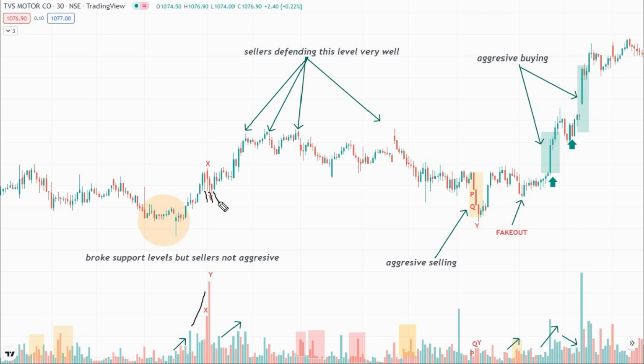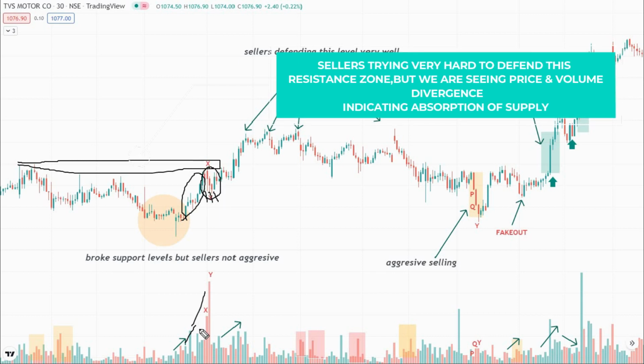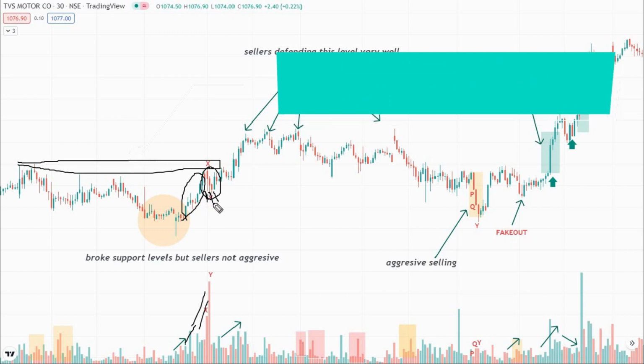It is indicating that these levels are very important for the selling side, but after the strong buying momentum with an increase in volume, buyers are not ready to give up at these price zones. That's why even after the strong selling with huge volume, buyers are absorbing the supply pressure and it is making rejection at the lows.